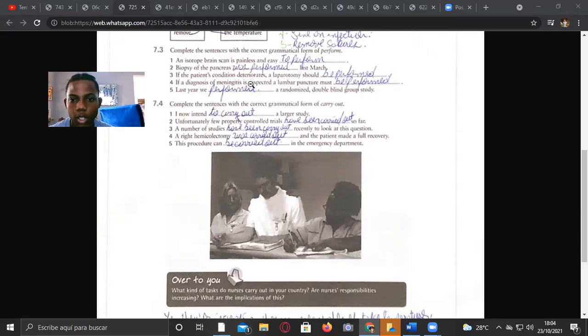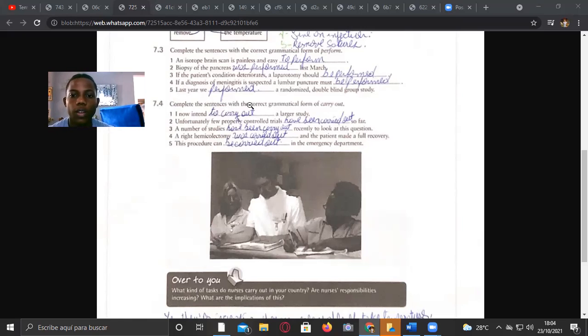If the patient's condition deteriorates, a laparotomy should be performed. If the diagnosis of meningitis is suspected, a lumbar puncture must be performed. Last year, we performed a randomized double-blind group study.